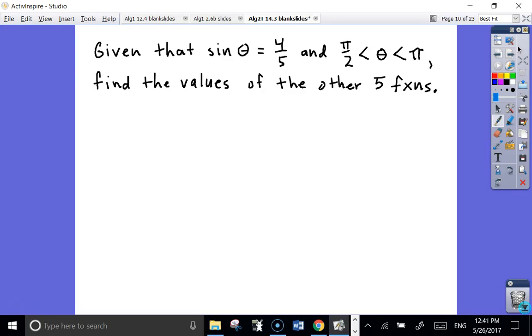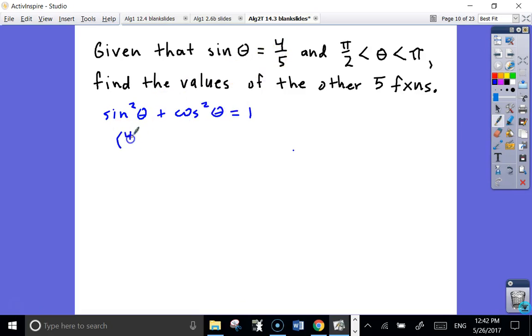Okay, we're going to use these identities to find the other 5 functions. If you know sine, the first other one you can find is cosine, and we're going to use this Pythagorean identity: sine squared theta plus cosine squared theta equals 1. In place of the sine, I'm going to put 4/5.